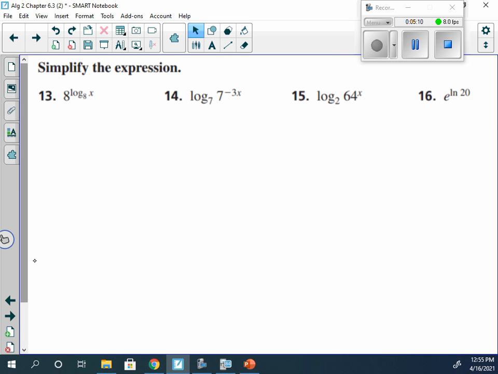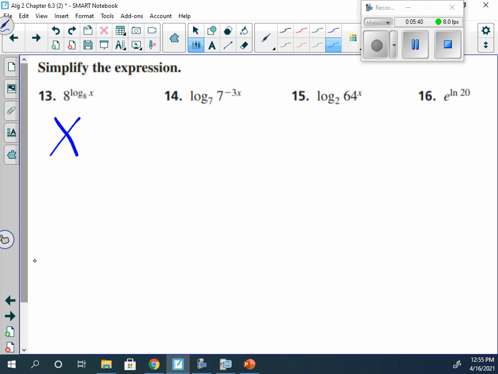Let's look at these here. So number 13 is 8 to the log base 8 of x. So what would this be? It'd just be x, because 8 to the log base 8 would simplify out, leaving us with just x.